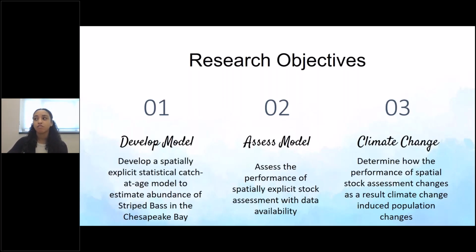The third objective is to determine how the performance of this model changes as a result of climate change. We expect this species' distribution or productivity to change as a result of climate change, and we want to see how our model might be able to track those changes. But for today's talk, I'll just be focusing on the first objective, going over the model structure, what goes into it, and where we are today.